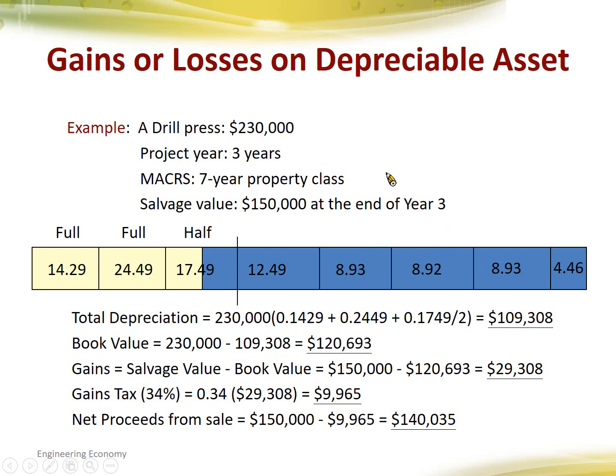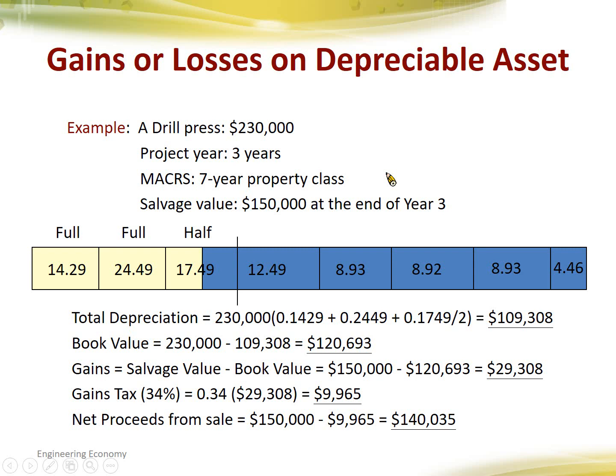And this is the example. I think the main point will only be here. The property can adopt the 7-year property class. Okay, so we'll come out with this distribution of depreciation, like 14.29% and so on.